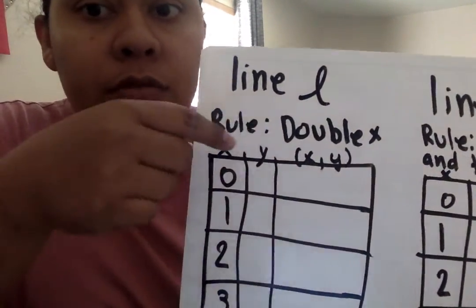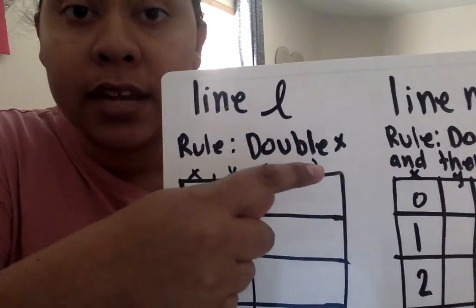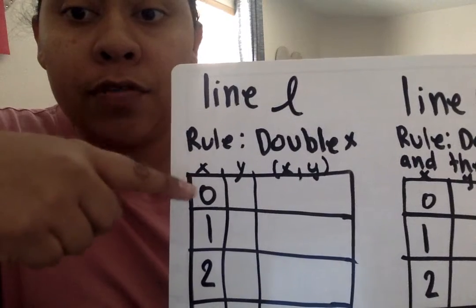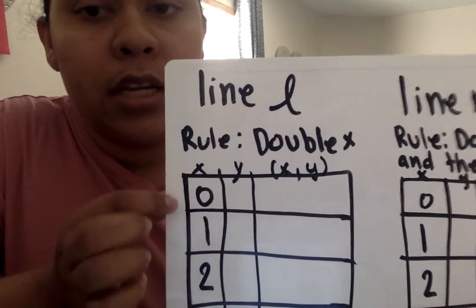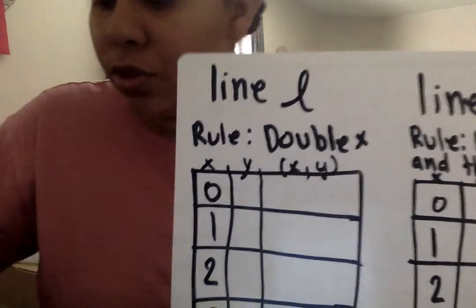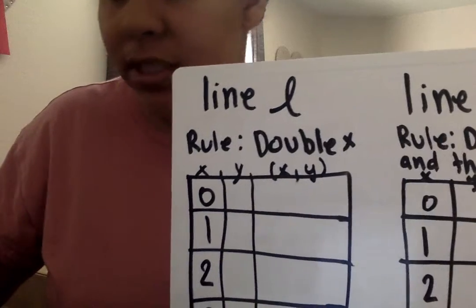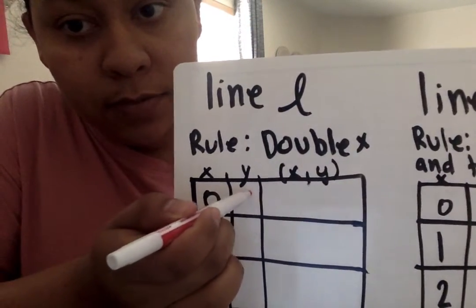So you're looking at the rule. For line L, it says the rule is double of the x. So for your first row right here, our x is 0. If we have 0 doubled, 0 times 2, it still equals 0. So then you would plug in 0 here, 0 for your y.